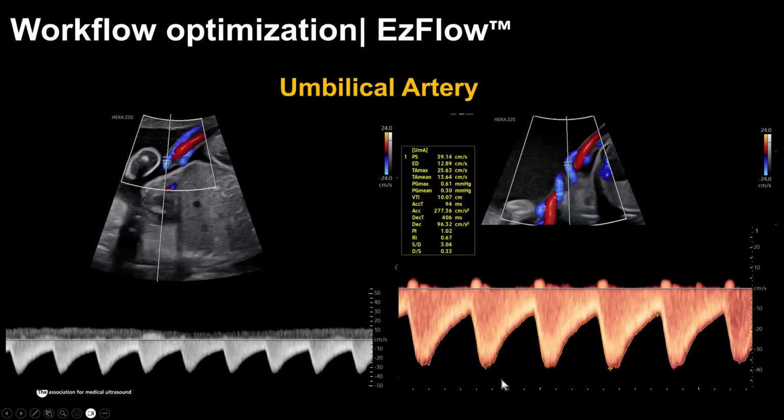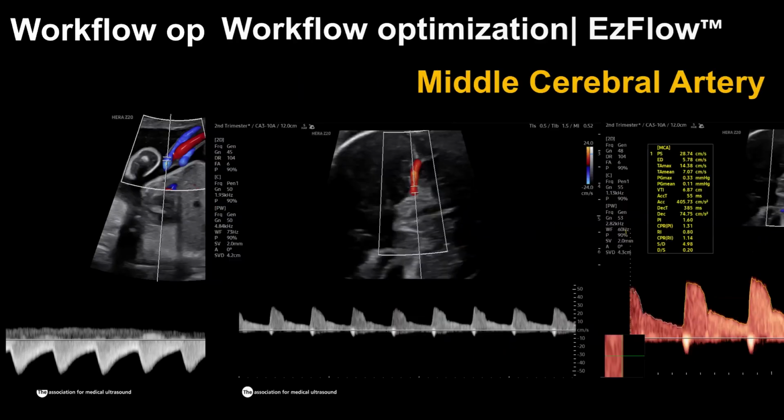I just want to show you a few examples. This is the image that we are starting with, and with just one button click, you can move to this image that has a much better resolution of the spectral Doppler, the spacing between the cycles, and the automatic measurements applied.